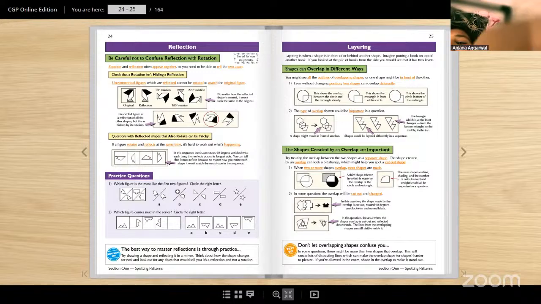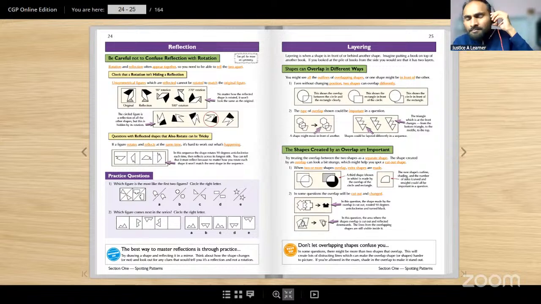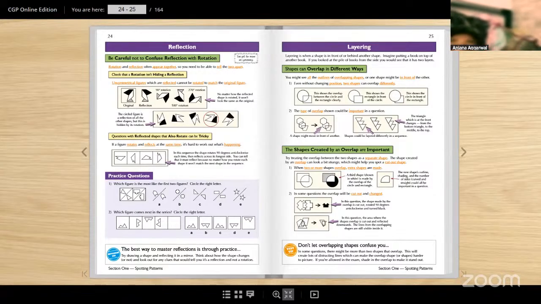Okay, should we move on? I hope you understood unsymmetrical now. No matter how the reflected shape is rotated, it won't look the same as the original. The circle figure is a reflection of all the other shapes, but this is hidden by its rotation.